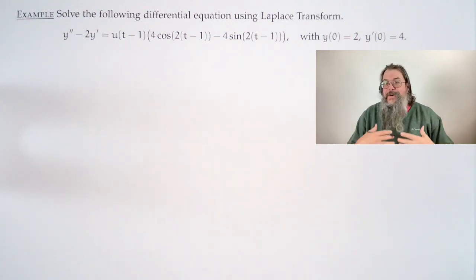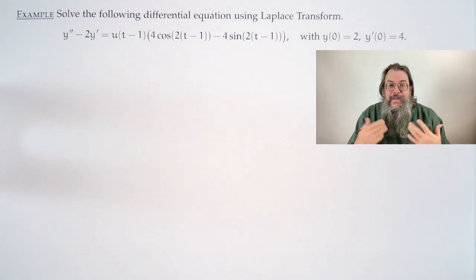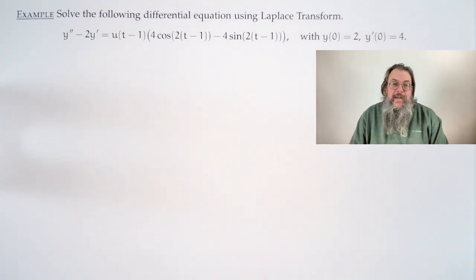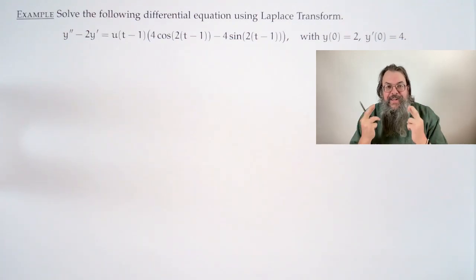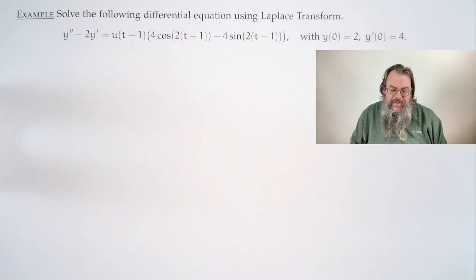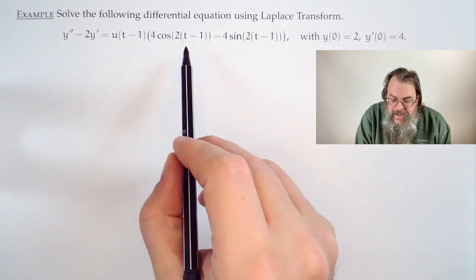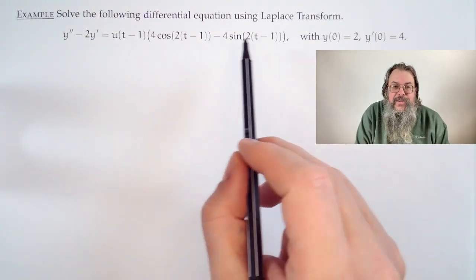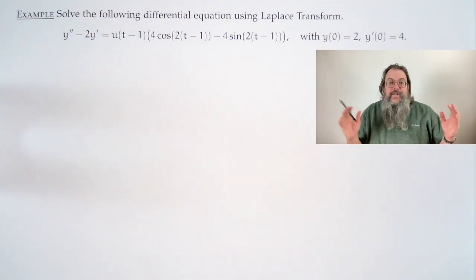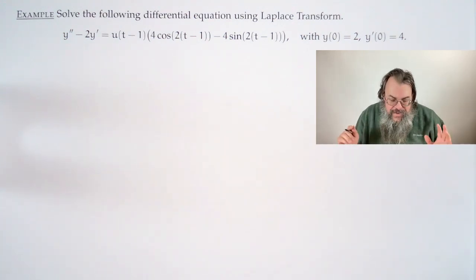Well, what do you do? You do what you always do. We start the process, right? We're going to take the Laplace transform of both sides, and fingers crossed, things are going to be nice. Now, they were very kind to us in that they already had things shifted. Oh my goodness, if these weren't shifted, hopeless.